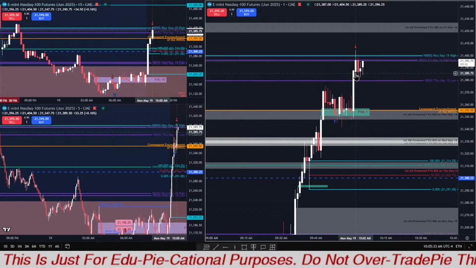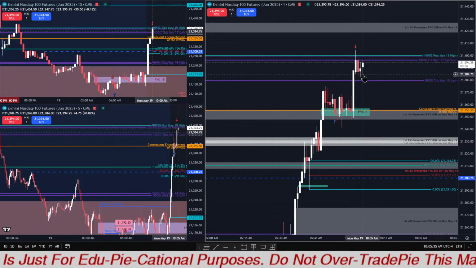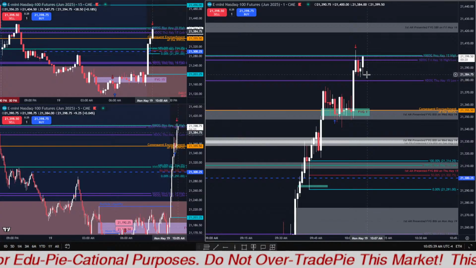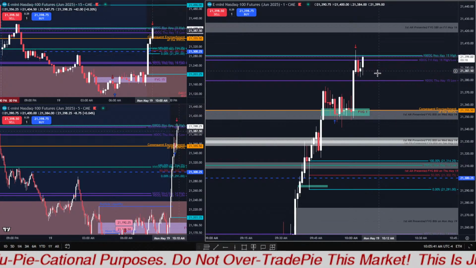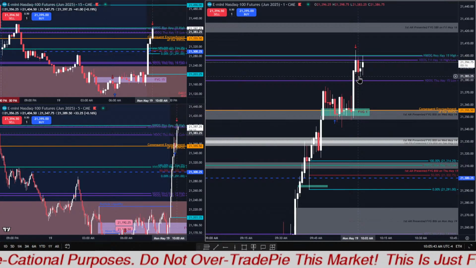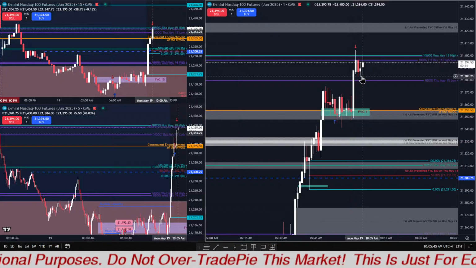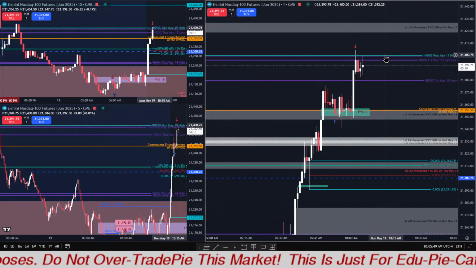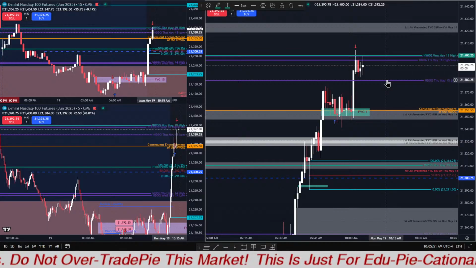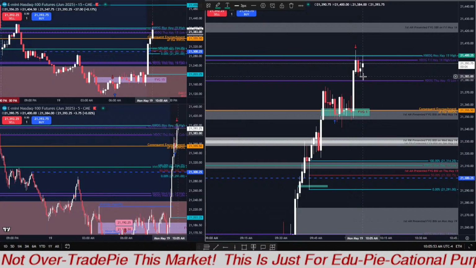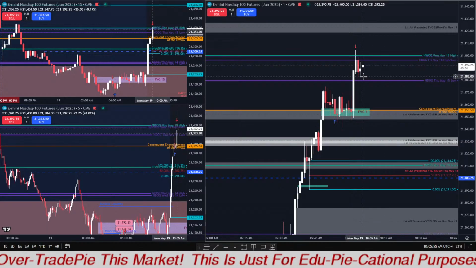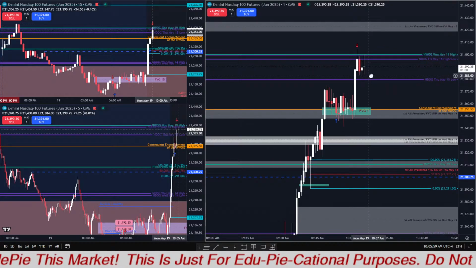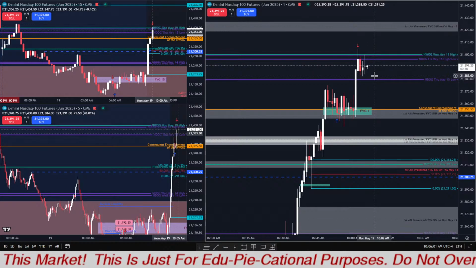We have this inefficiency over here, and the market is trying to tap into the inefficiency and start going higher. This is institutional order flow entry, and you can see the market once again tapped to the high of the new week opening gap. Just one tick short, and yeah, let's see.